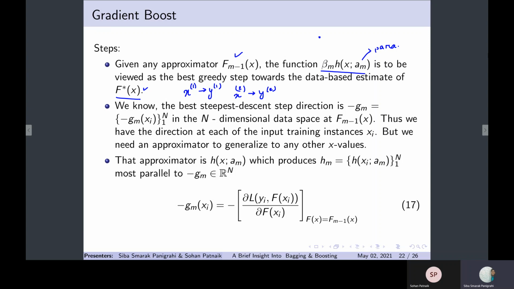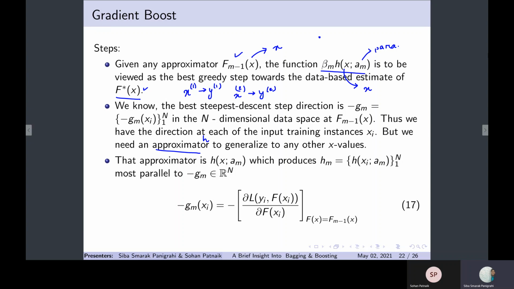That is done by this parameterized function where the parameters are a m. Since f m minus 1 is over any x, this h x should be over any x. But with the help of data, we can find the gradient or the steepest descent step direction at the fixed training instance points. So we want to find this approximator h, which should be able to generalize to any other x values.